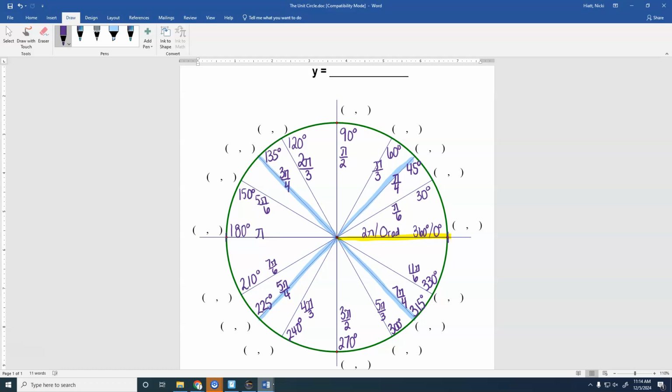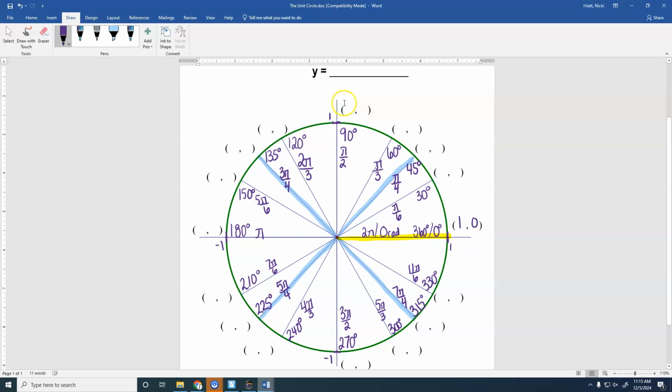The radius of the unit circle is 1. So that means this is 1 on the x-axis. This is 1 on the y-axis. This is -1 on the x-axis. This is -1 on the y-axis. Okay? So right here, what are the coordinates of that point right there? They are 1, 0. Because your x-coordinate is 1, you go over 1, and you go up 0.